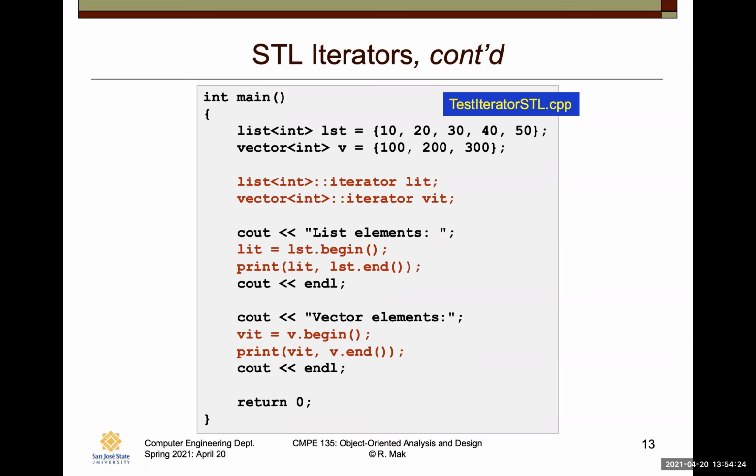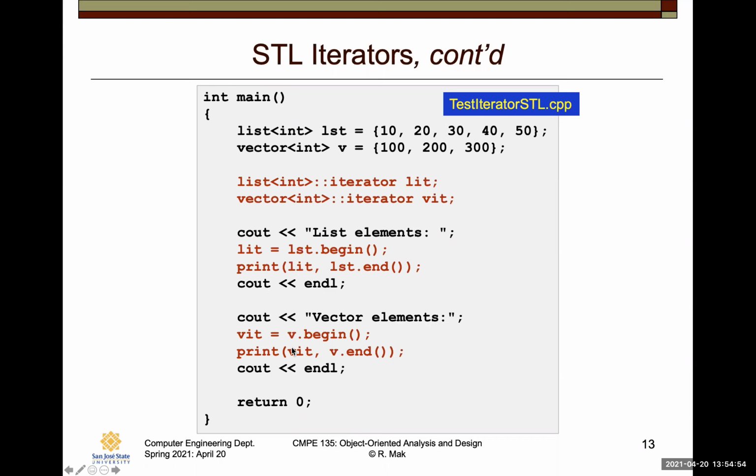I'm calling my print function, and notice I'm passing in the list iterator and also the end of the list. For the vector, I'm calling the print function, passing in the vector iterator and the end of this particular vector.